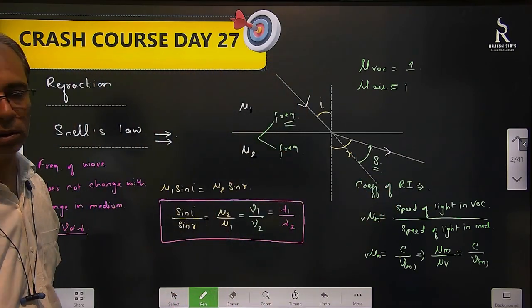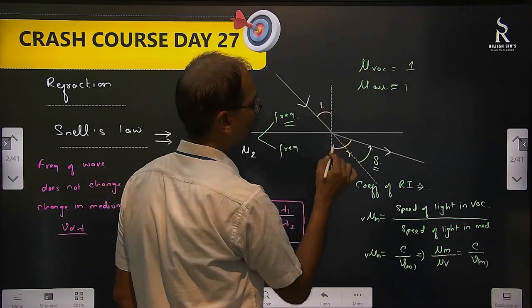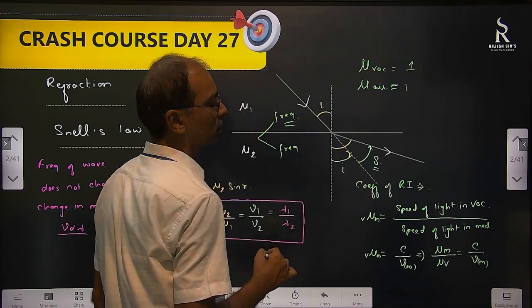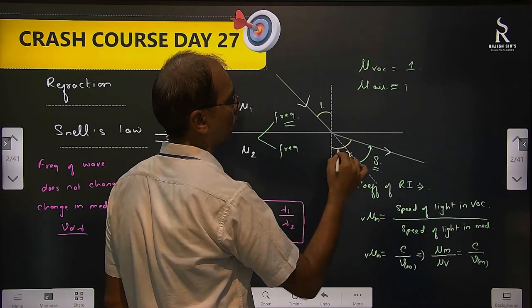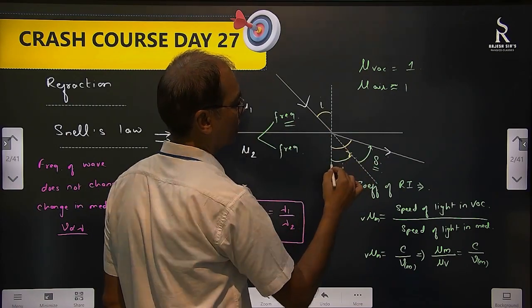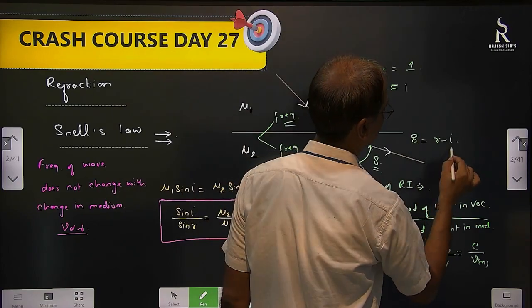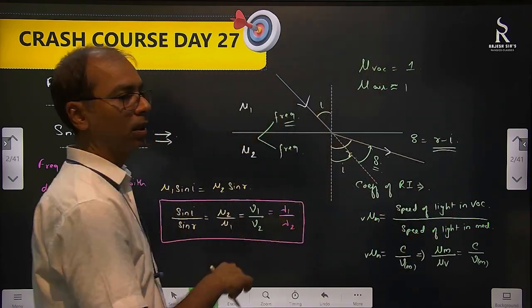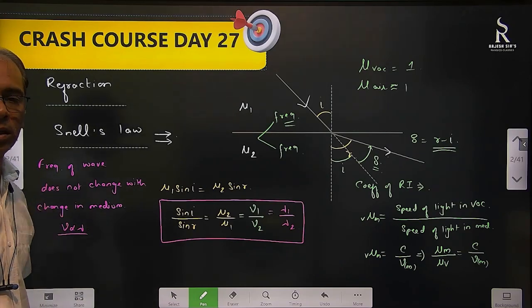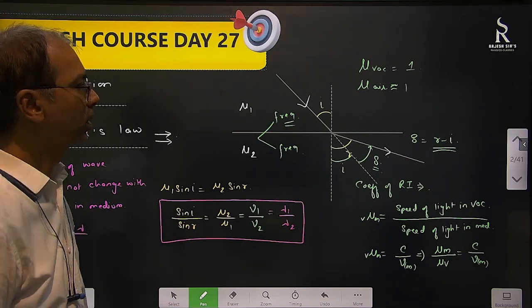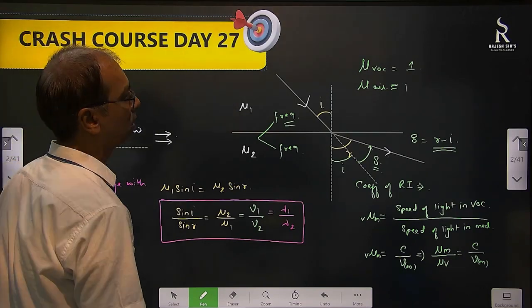We can see that this is I, so this is also I, whereas this is R. R is bigger, so delta is equal to R minus I. In this case, delta is R minus I. In another case, when it goes to a denser medium, delta will be I minus R.